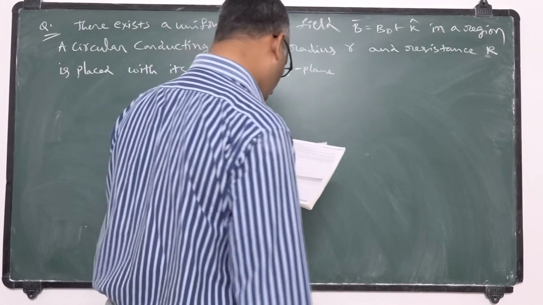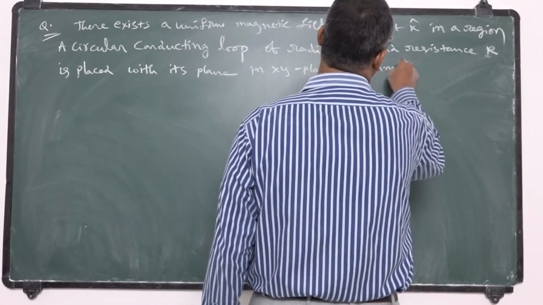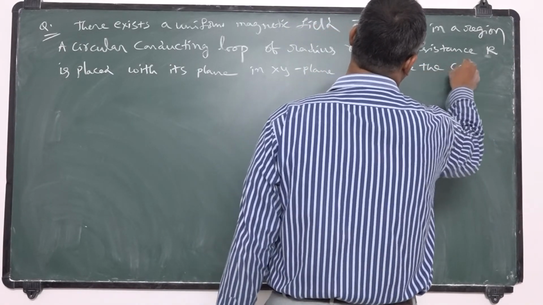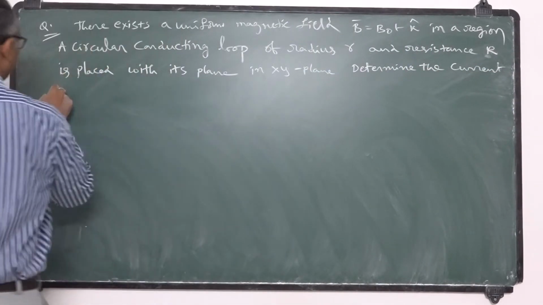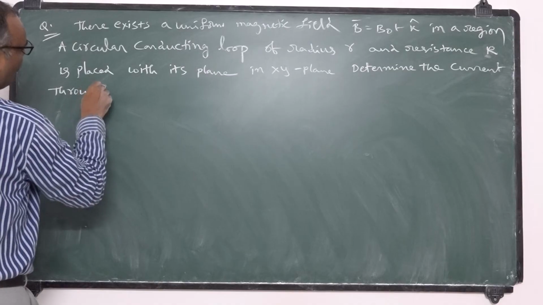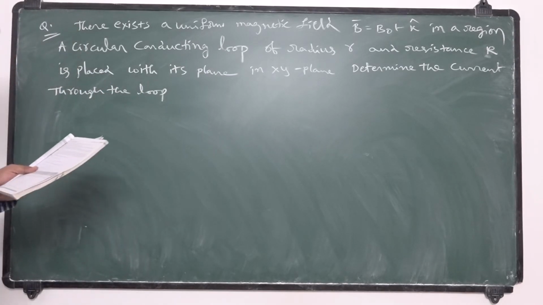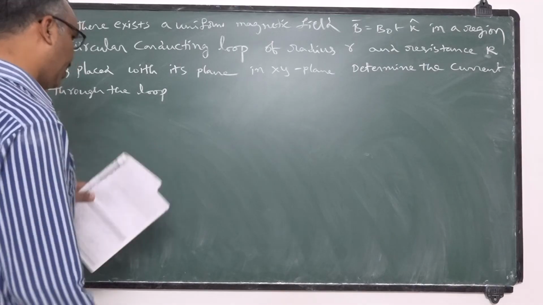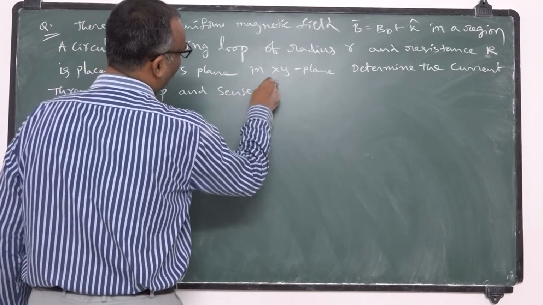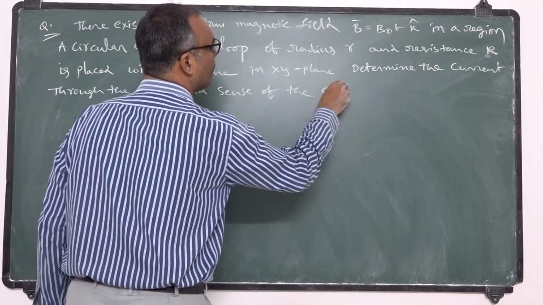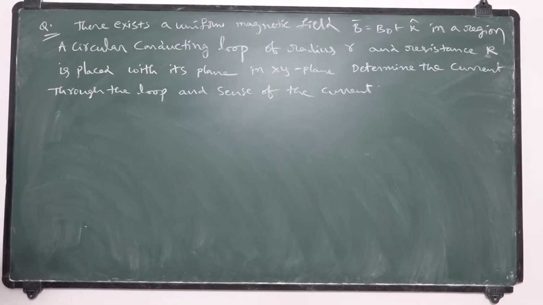Determine the current through the loop and the sense of the current. This is the question.